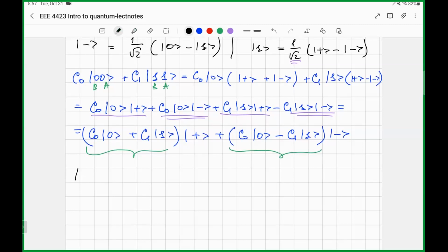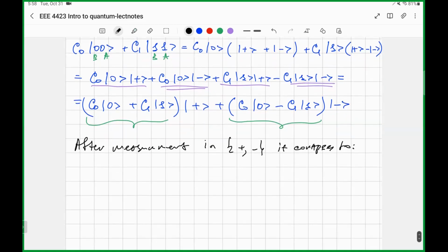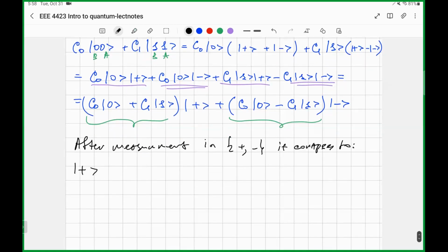Right. So after the measurement in basis plus minus, it collapses to either plus, which gives the state at both sides C0, 0 plus C1, 1.